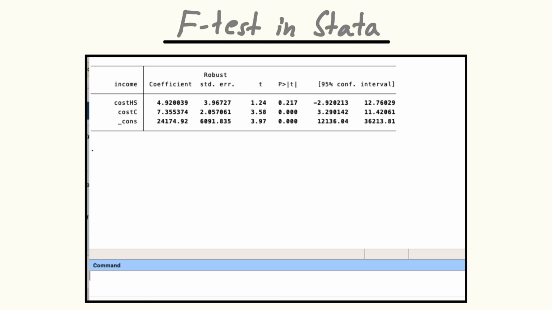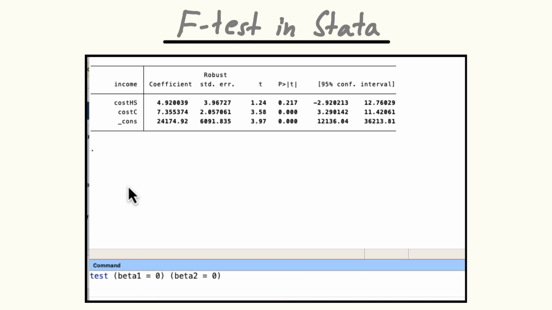Get some regression output. Now I want to test whether beta 1 is equal to 0 and at the same time beta 2 is equal to 0. This will not work because Stata doesn't know what beta 1 and beta 2 are.